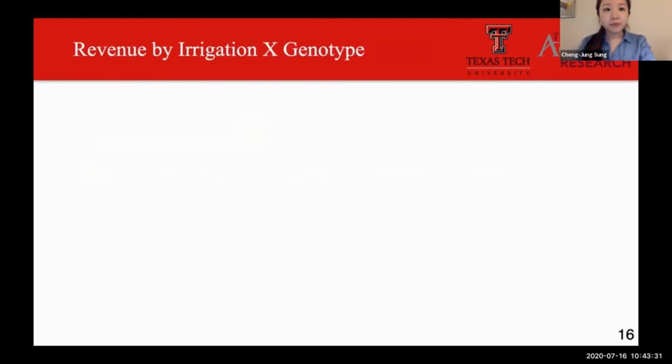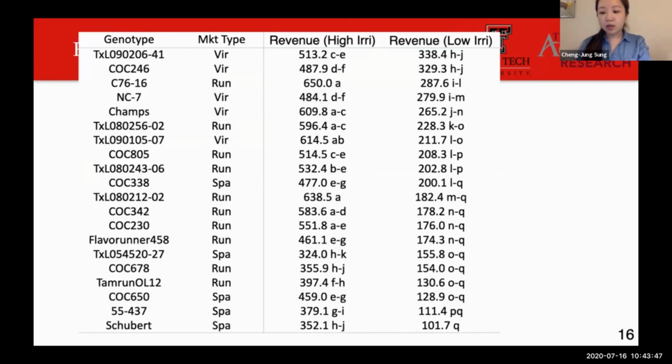The last result we want to see is the revenue by irrigation by genotype. This is pretty interesting because revenue is what we really want to see regarding profitability.